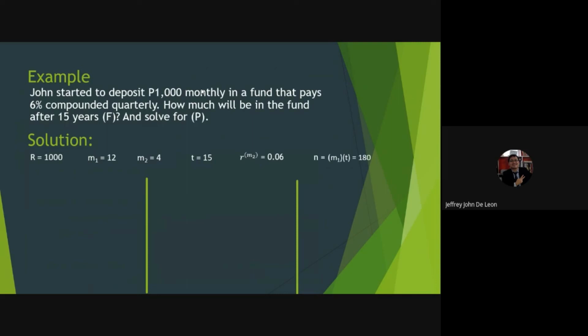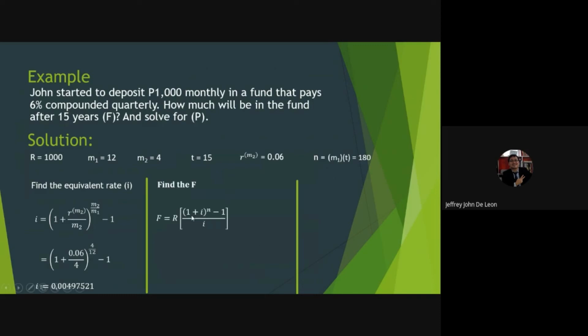So n, M1 times T, is 12 times 15, that is 180. Since it's a general annuity, you have to find the equivalent rate first, the i, using this formula. Plug in all the information that we have. So i is now equivalent to 0.00497521.